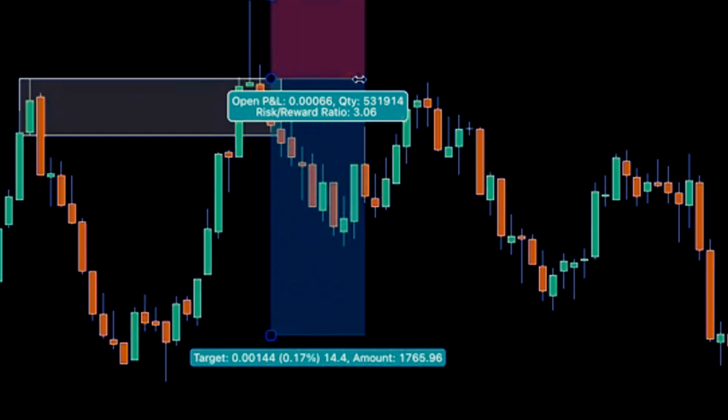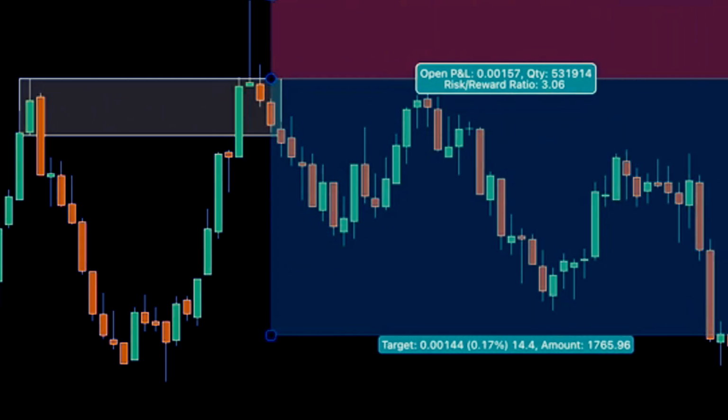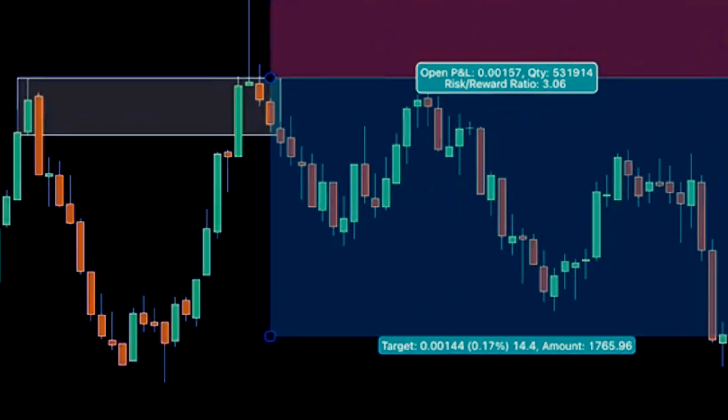As shown here, by applying these rules, the market reached the target directly. This strategy is easy, simple, and highly profitable.